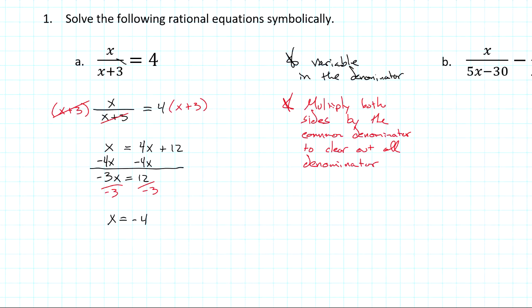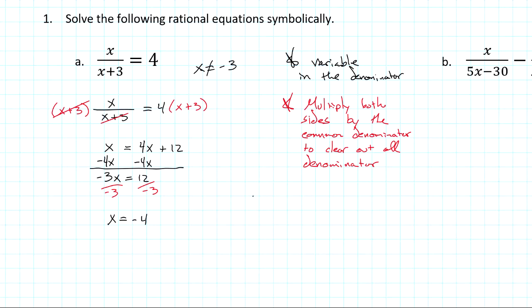But we need to think about this and note that x cannot equal negative 3 in the original equation. If this would have been a negative 3, that wouldn't have actually worked, and we could have potentially done that. And I think we're going to see that in one of the next problems coming up here. But for us, we're done here. We've got x, it's negative 4.